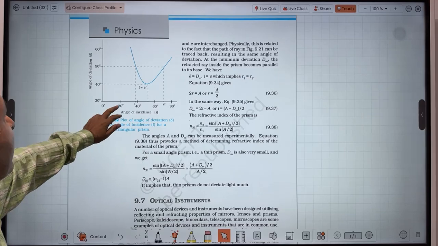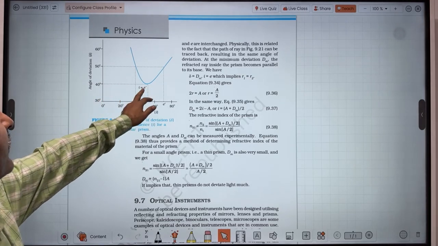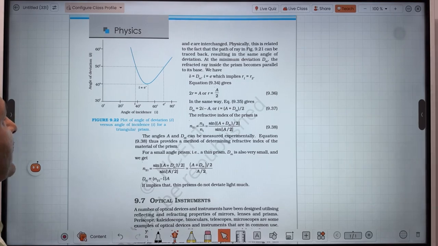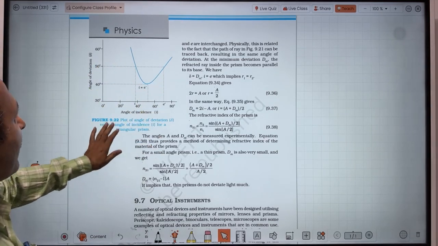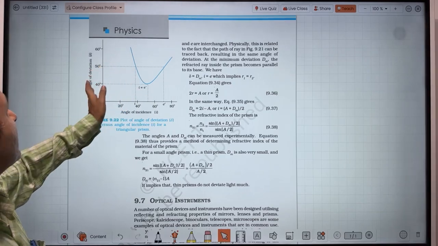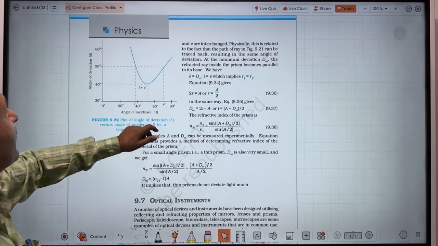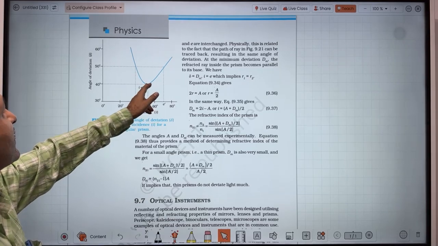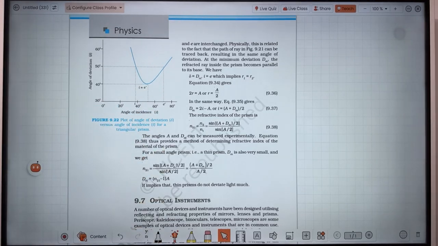Here in the graph it is depicted that when I equals E dash, this is the case of minimum deviation, right? So this is the graph of minimum deviation. This is the angle of deviation, and at this point this is the angle of incidence. So this is the point where minimum deviation occurs, and after that deviation increases.